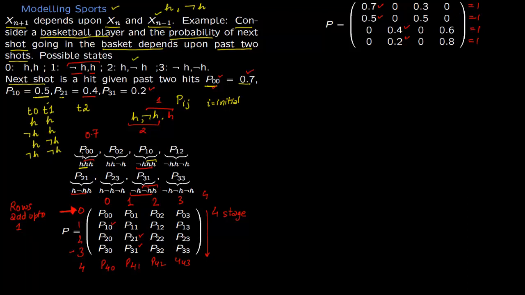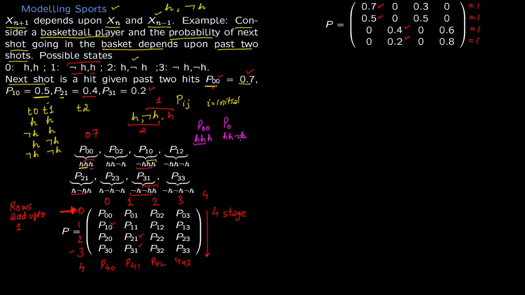So P00, what is the complement of P00? The final state is head. So P00 is head, head and head. This 0 is the past, and this was the head in the future. So the complement to this is, you again have the same past, that is head, head, and the complement is not head, because there is a head here.